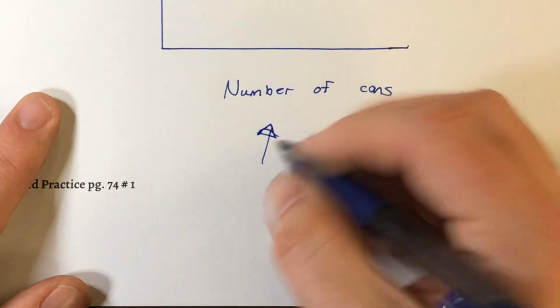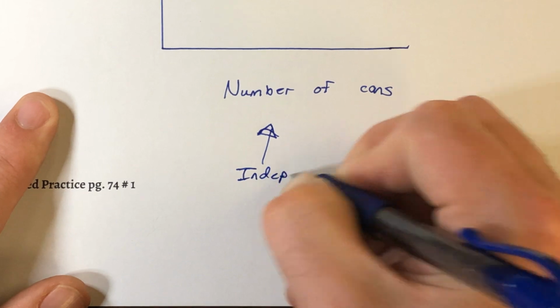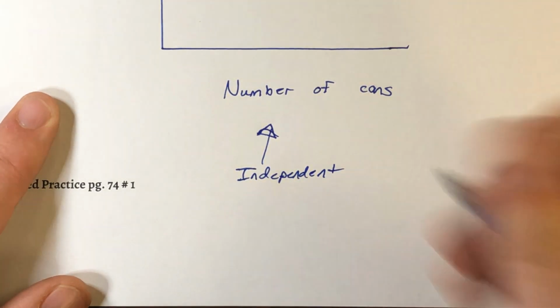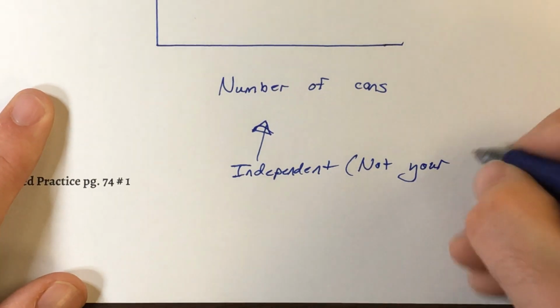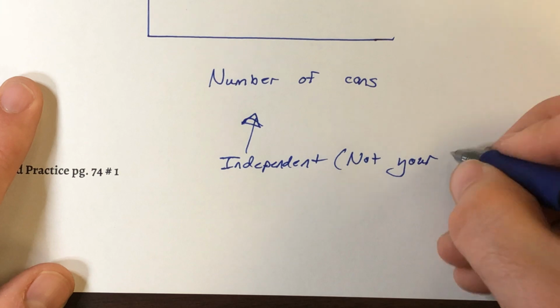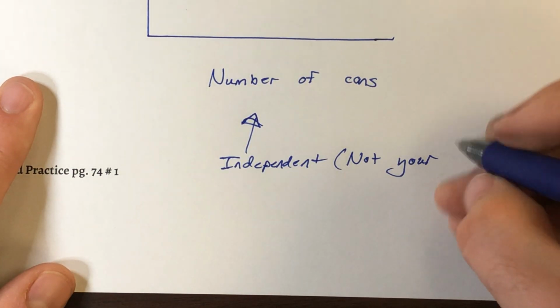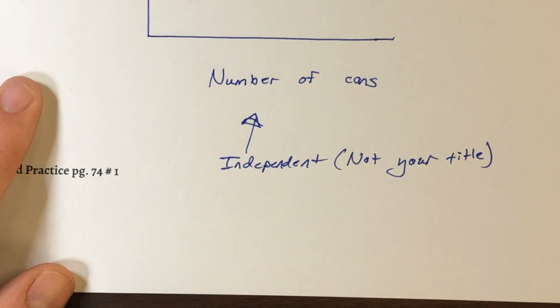Again, remember, independent variable goes down here. This is not your title. You might be like, I know that. Not everyone knows that. I see it a lot. People will write independent. No, independent is not your title. Number of cans is.